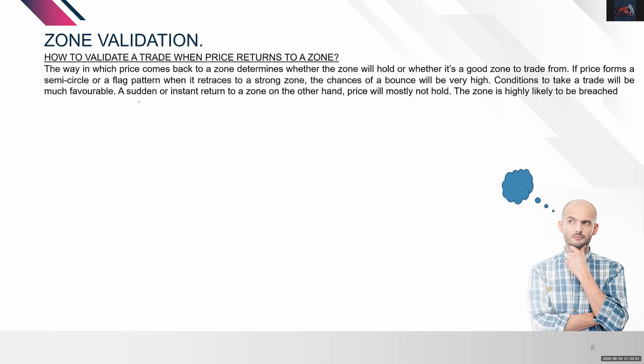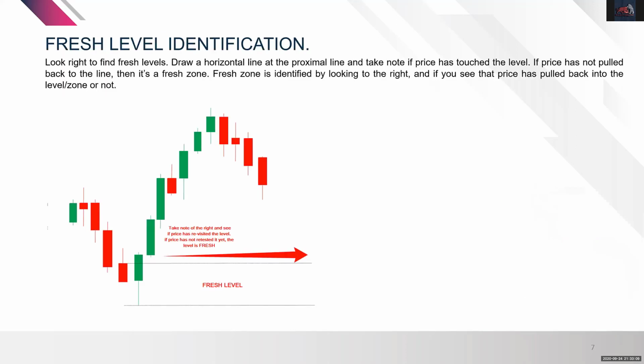A sudden or instant return to a zone, on the other hand, price will mostly not hold. This zone is highly likely to be breached, meaning it's not a good zone to trade from. So you need to be able to highlight whether market has returned in a circular shape or in a channel form, whether it's a bullish channel or a bearish channel.